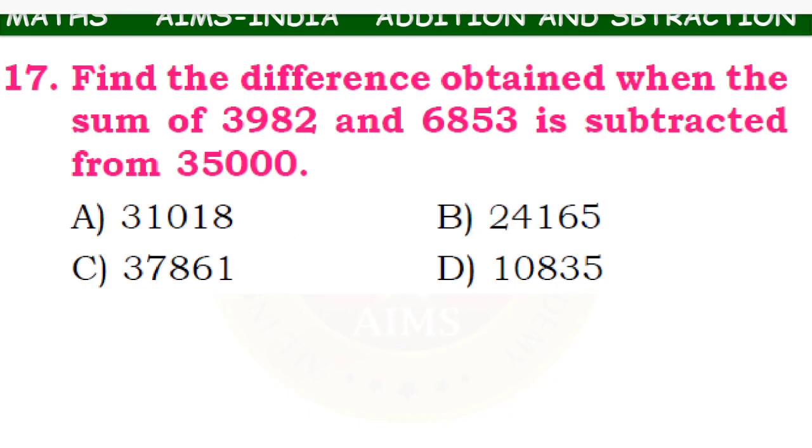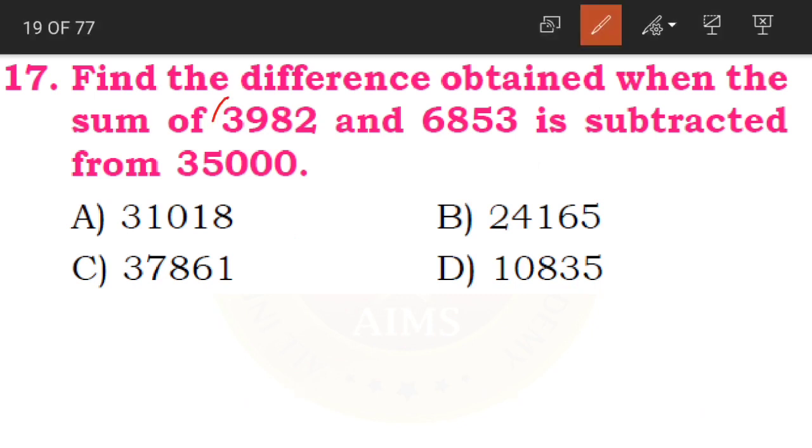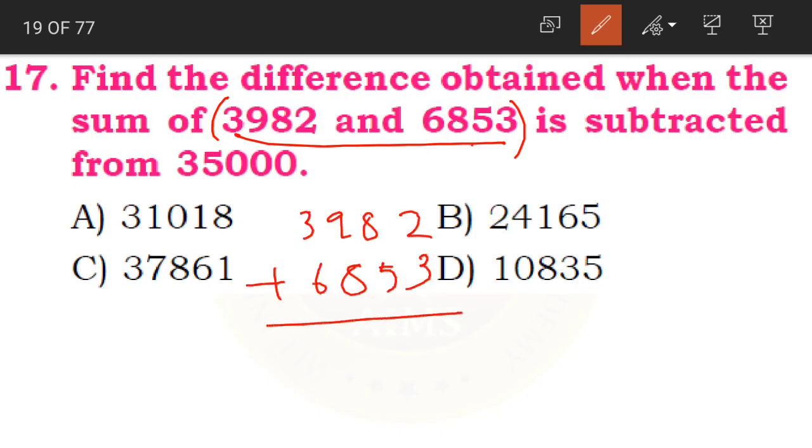Find the difference obtained when the sum of 3982 and 6853 is subtracted from 35,000. First, what? First is the sum. We need to find out the sum. 3982 plus 6853. 3 plus 2, 5. 5 plus 8, 13. 9 plus 1, 10. 10 plus 8, 18. 1 plus 3, 4. 4 plus 6, 10.